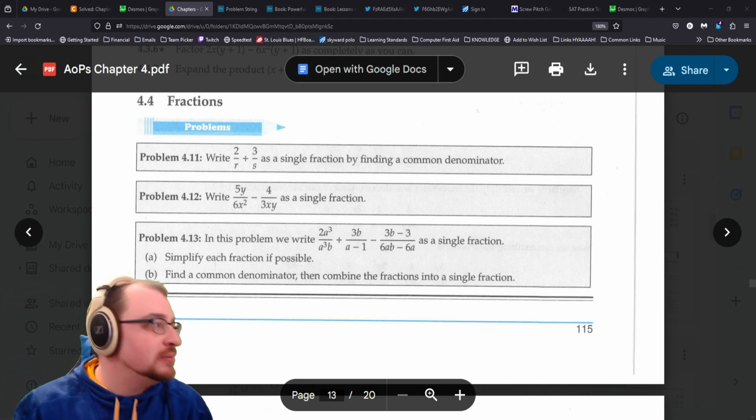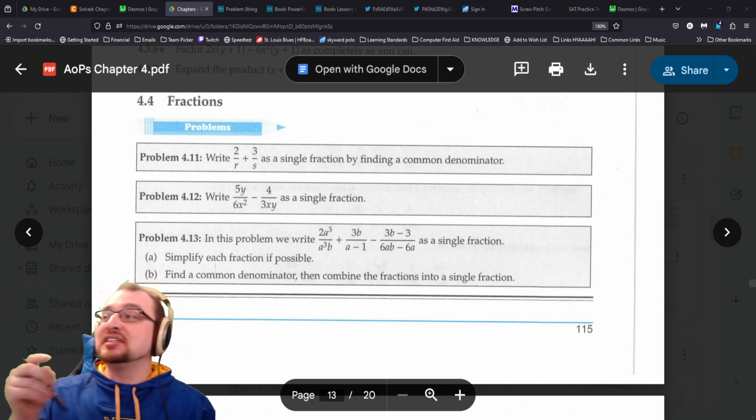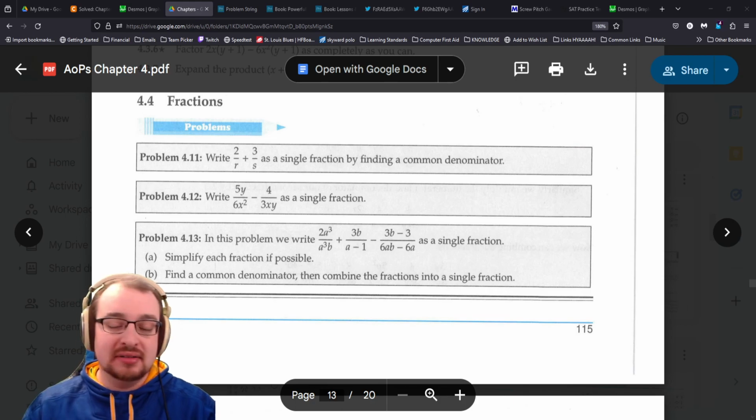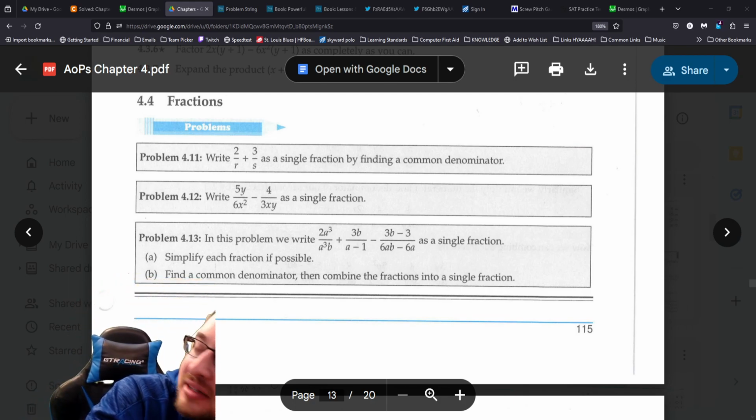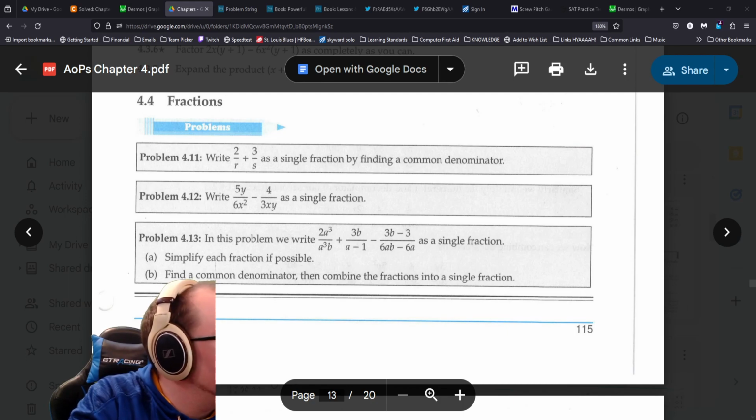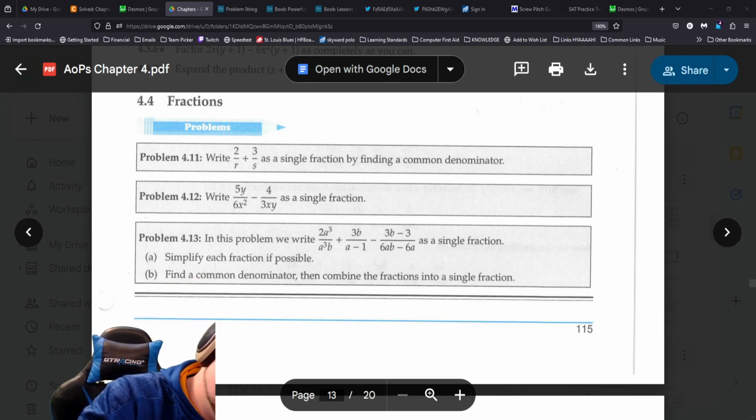What's another thing that's different? This one actually goes back to what we were reviewing a bit. I'll write it down while you guys are thinking about it. We got 2a cubed all over a cubed b. That's not so weird. Plus 3b all over a minus 1. That's a little weird. Minus 3b minus 3 all over 6ab minus 6a.